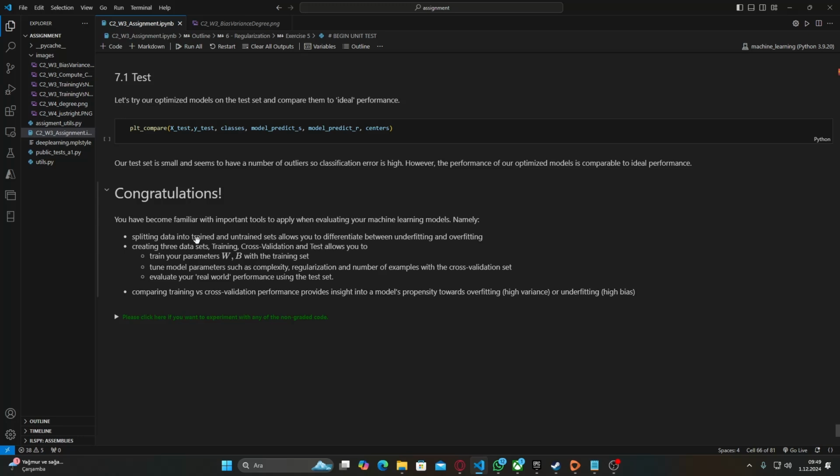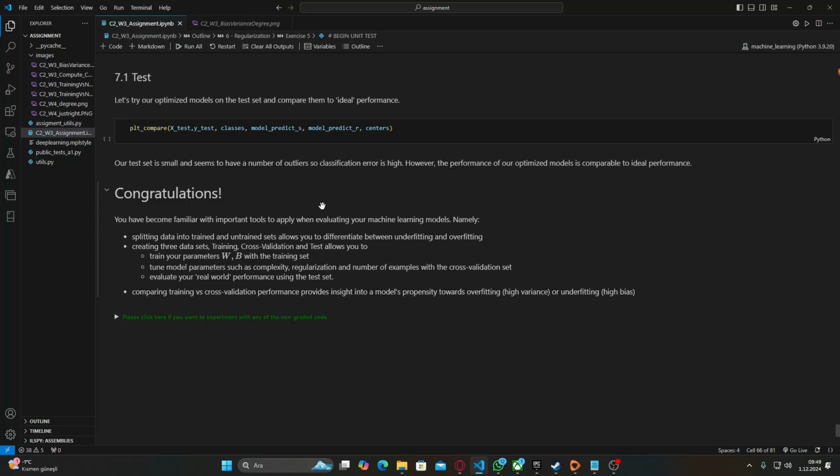Conclusions. You have become familiar with important tools to apply when evaluating your machine learning models. Splitting data into training and test sets allows you to differentiate between underfitting and overfitting.